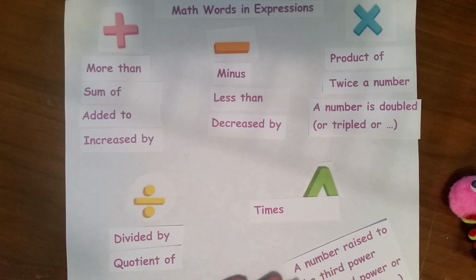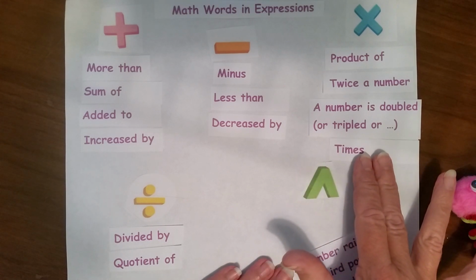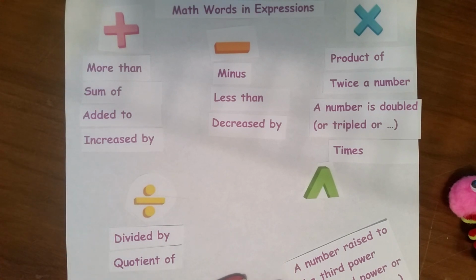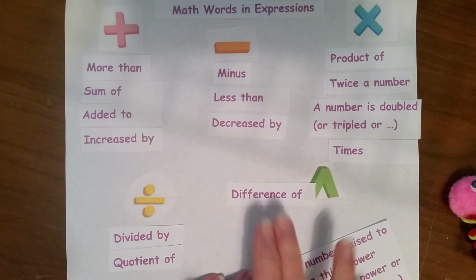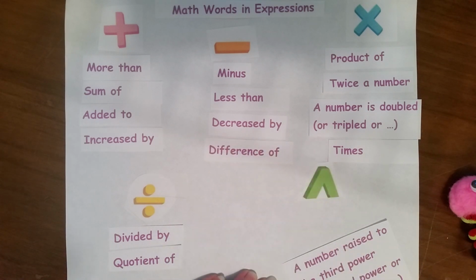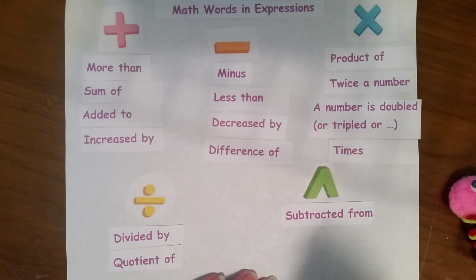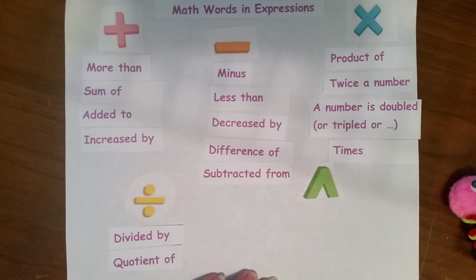Okay, how about times? Something times something. That's right. That would be under the multiplication. Difference of. That's right. Difference of goes under the minus. Subtracted from. Again, yeah, that goes under the minus, under the subtraction sign.